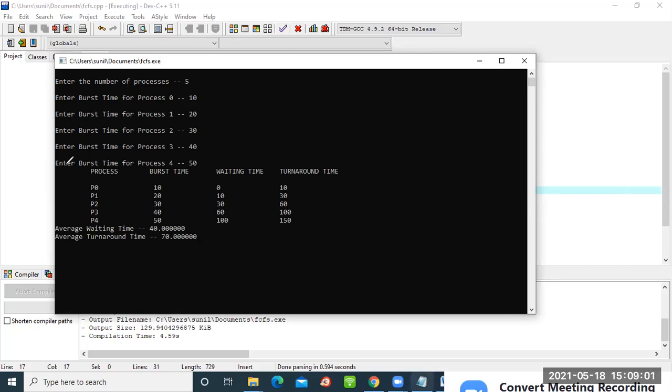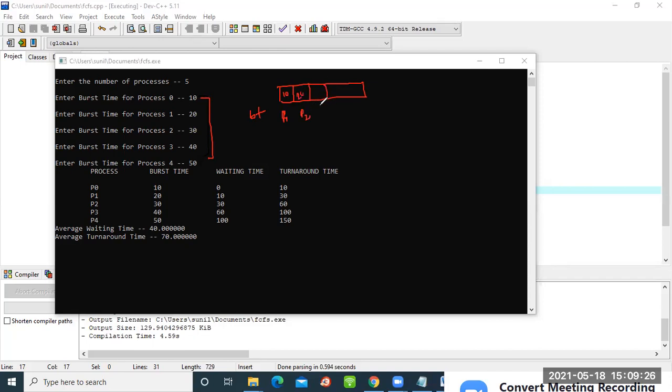Once I have given the burst times, in the array pt it is going to store the process types. P0, what did we give, 10.